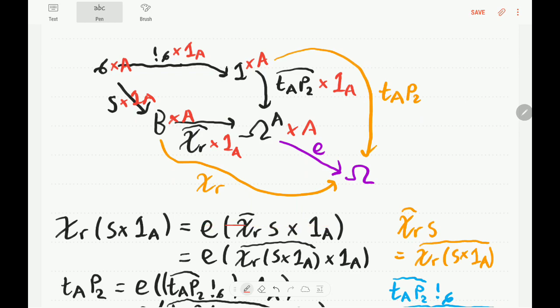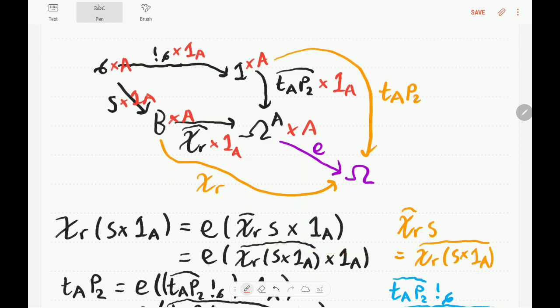But we also know, because of the way that exponential objects work, that we can rewrite this as E of the transpose of this times 1. So we have that this is equal to E after transpose of E after chi r S times 1A, all transpose times 1.